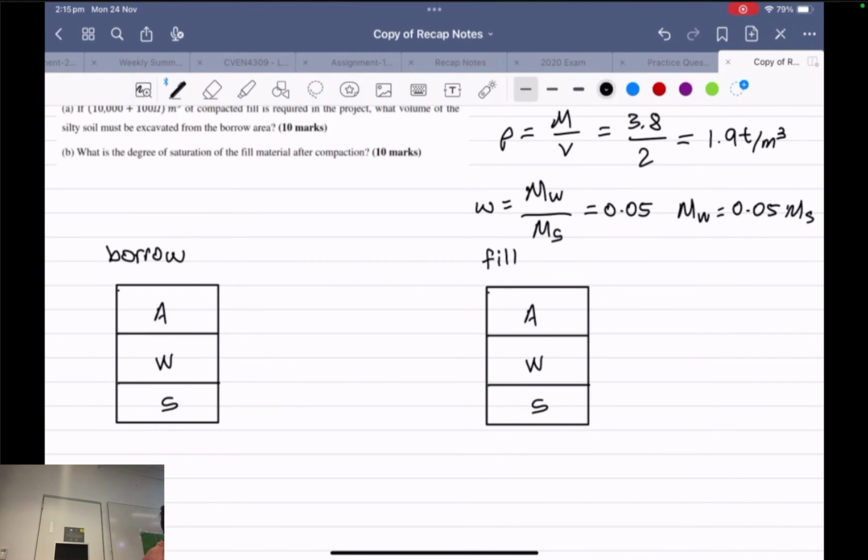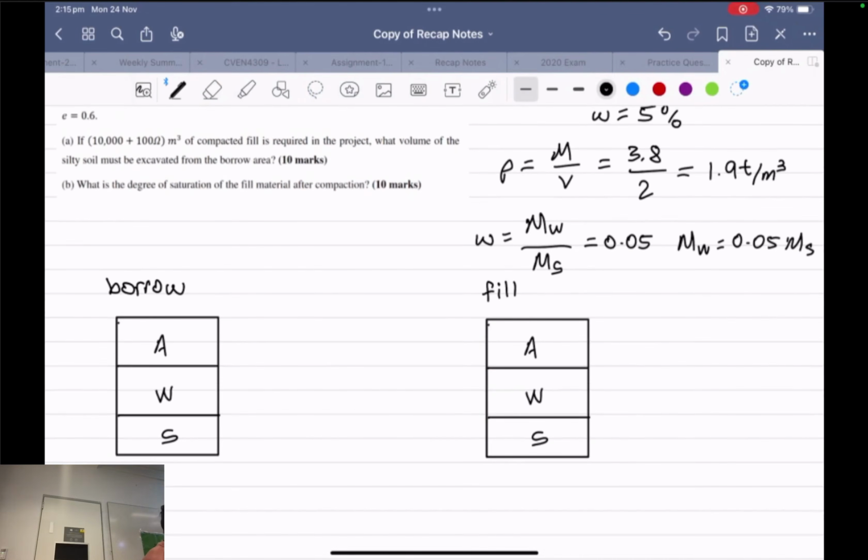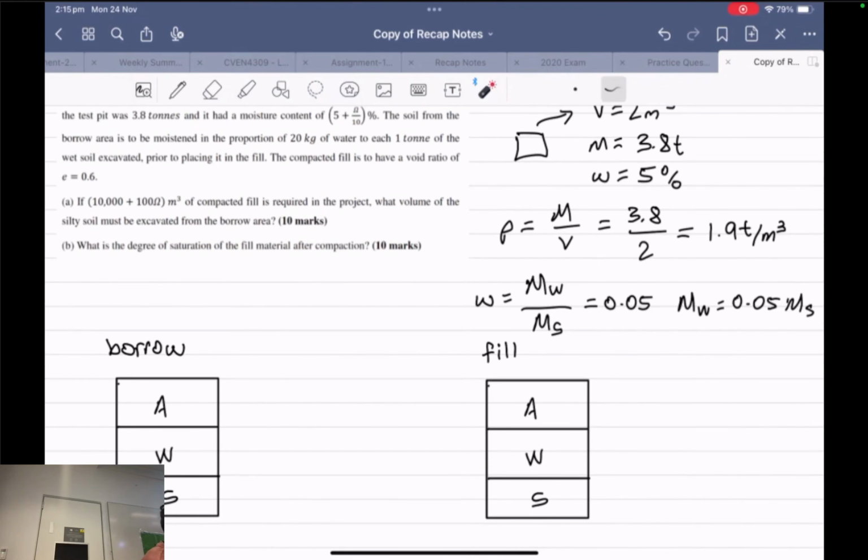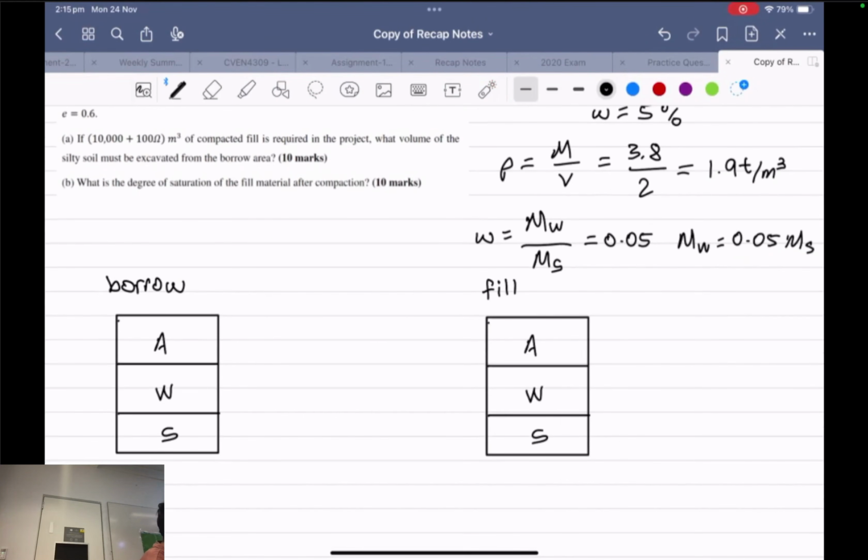So what we're told so far is that from the borrow we have a certain volume that we excavate, and some information about the borrow is that we know the density is 1.9 tons per meter cubed, and we know the relationship between mass of water and mass of solid. So we can just write that down here really quick. So this mass of solid and this mass of water is equal to 0.05 mass of solid.